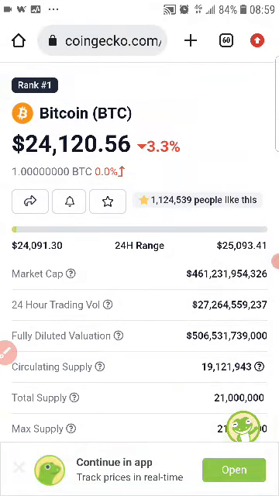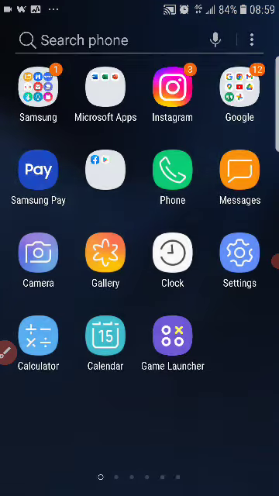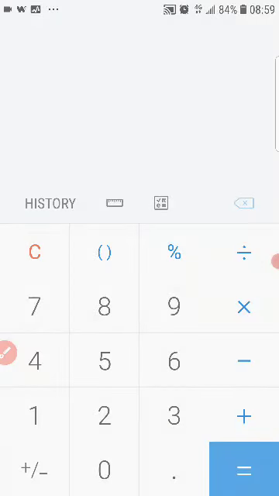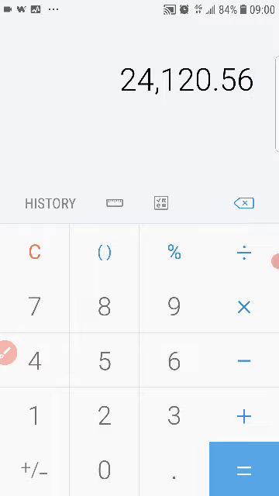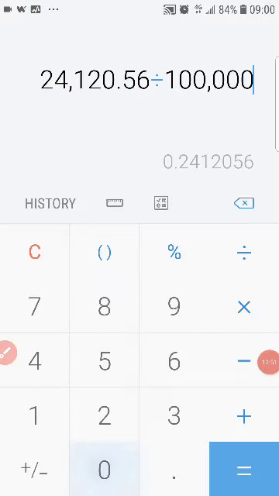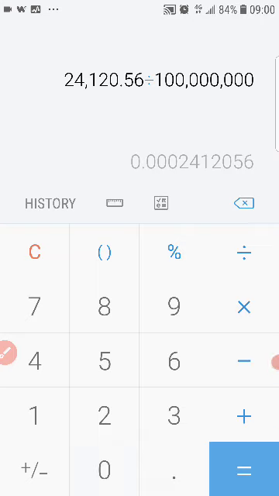So let's copy the price now, and go and check how we can determine the price of 1 Satoshi. If you want to determine the price of 1 Satoshi, this amount will be divided by the total number of Satoshi, which is 100 million. We have divided 24,120.56 by 100 million.